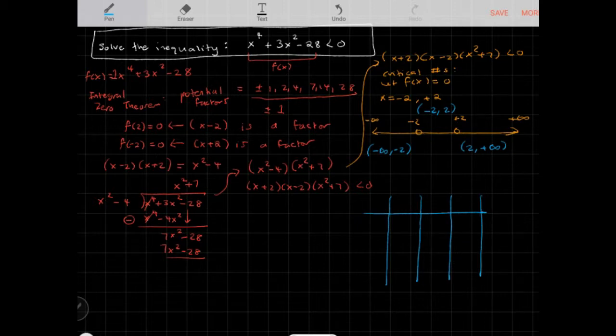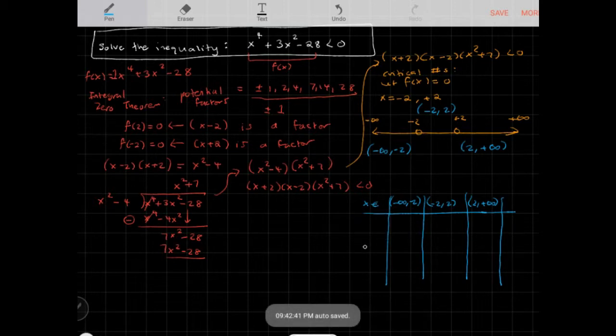Actually, let's make some space here. In your table of intervals, you want to place your intervals on top. You usually have one more interval than critical numbers. You have negative infinity to negative 2, negative 2 to 2, and 2 to positive infinity. X belongs to each of these intervals, and then you can write down each of the factors here.